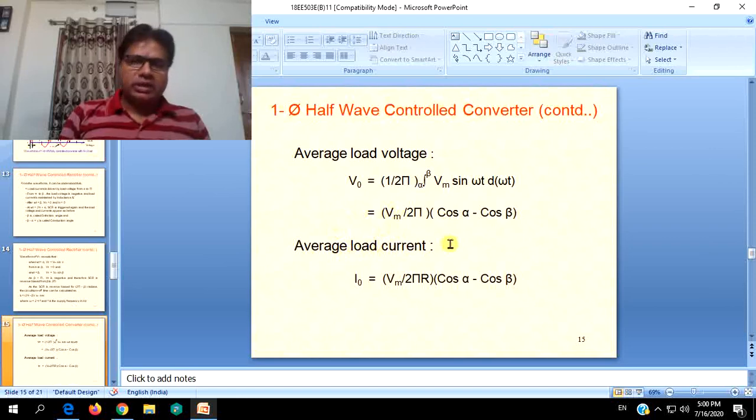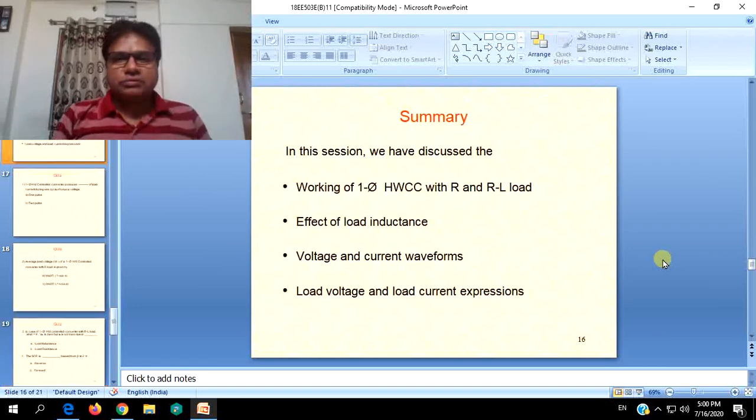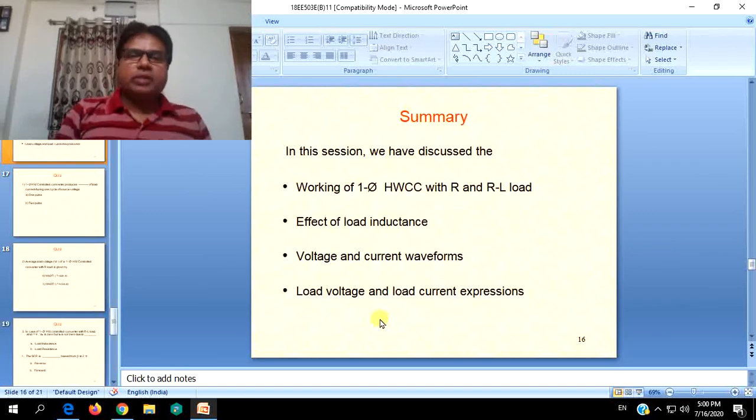Again, average load current is nothing but the voltage by resistance. It is a case of DC load, so in this case no inductive reactance comes into the picture. So I0 will be equal to Vm by 2 pi R into cos alpha minus cos beta. Thus we come to the end of the session, in which we have discussed the working of the single phase half wave controlled converter or rectifier with R and RL loads taken separately.